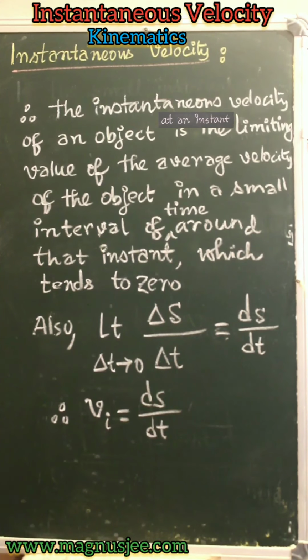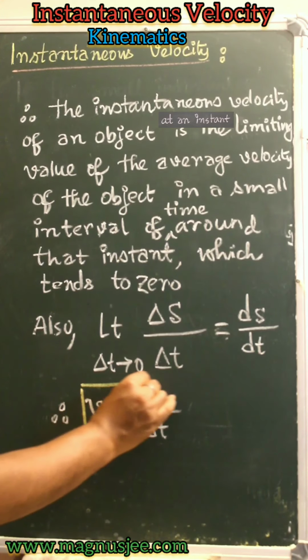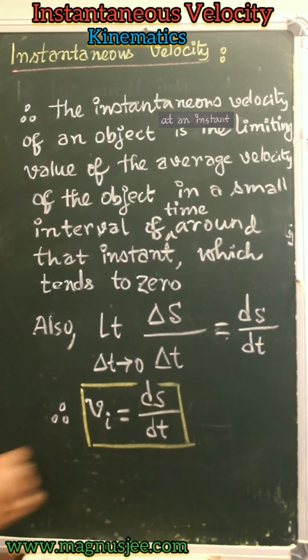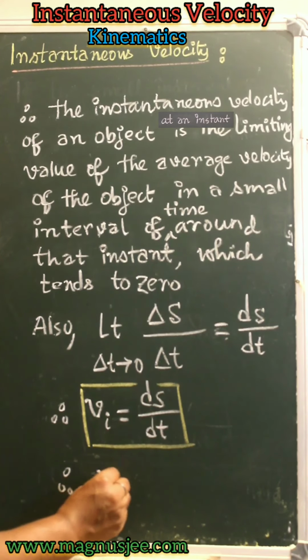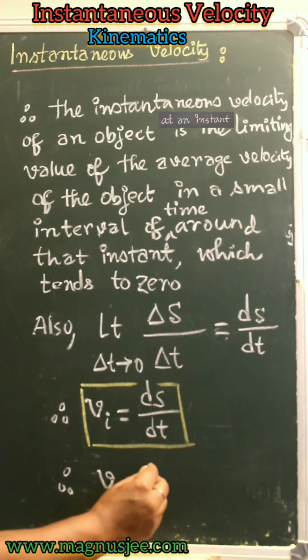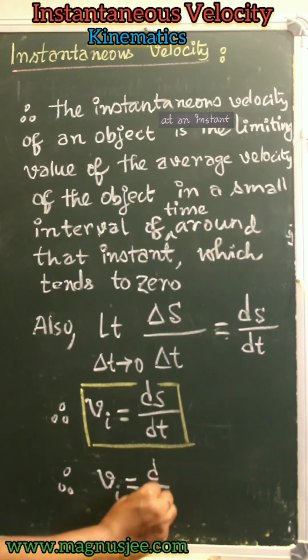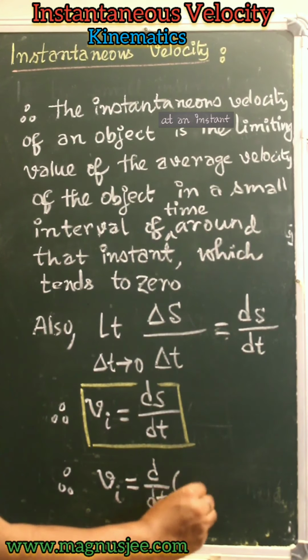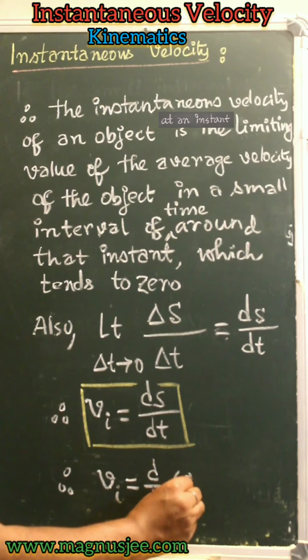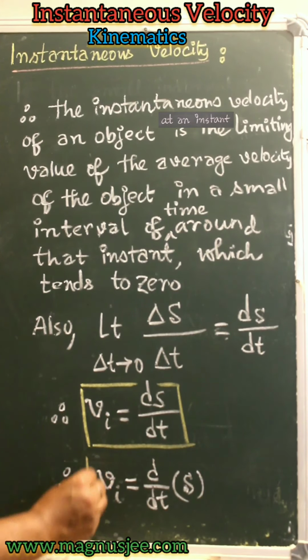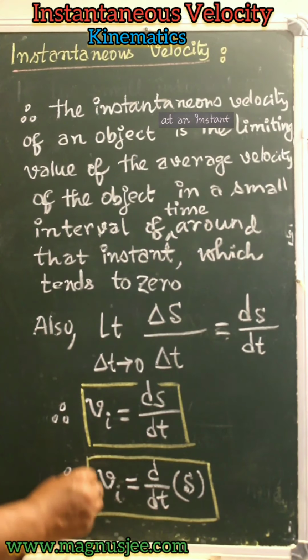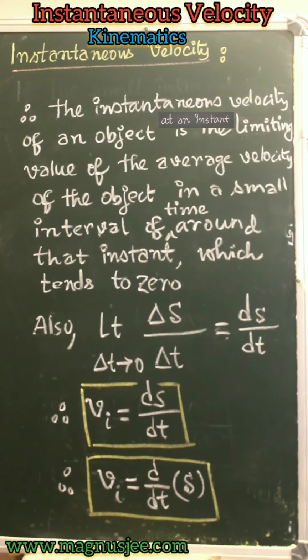Delta S is a small change in displacement, but dS is a very small change in displacement, and delta t is a small interval of time, but dt is a very small interval of time. So finally we get Vi equals d/dt of S, where S is the displacement, and Vi is the first order derivative with respect to time.